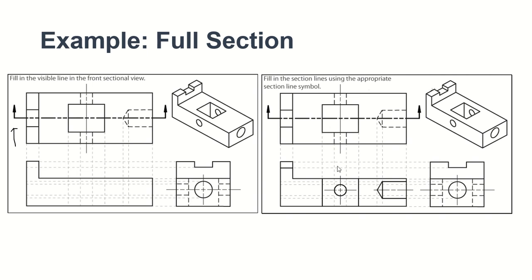Here, circle. Since we're looking that way, it's got to be a circle. Then this part is right here. Don't forget your extension lines are right there, all of it. Your projectors, so to keep the same dimension.